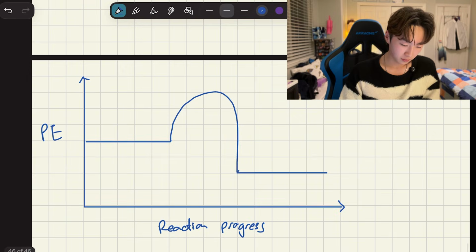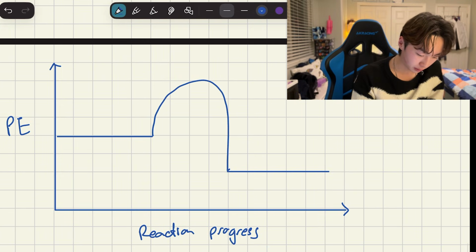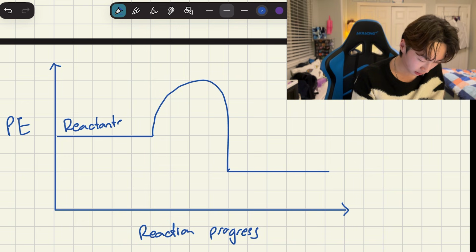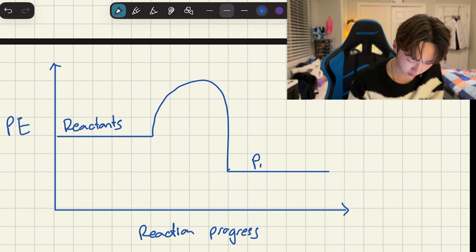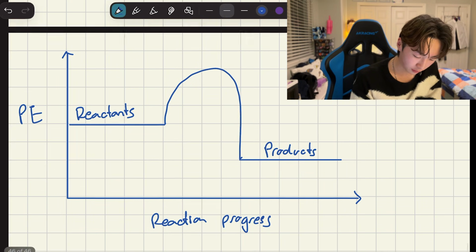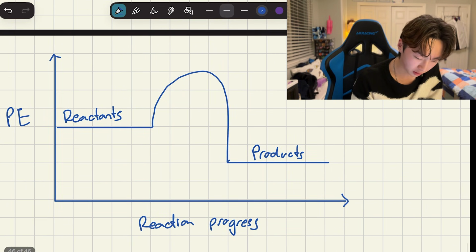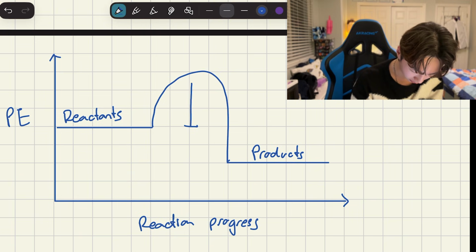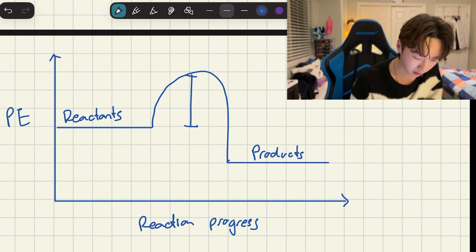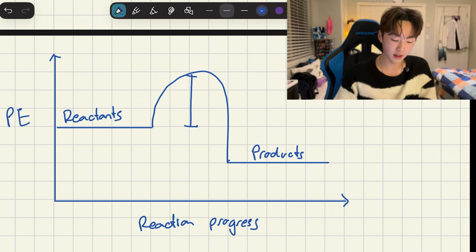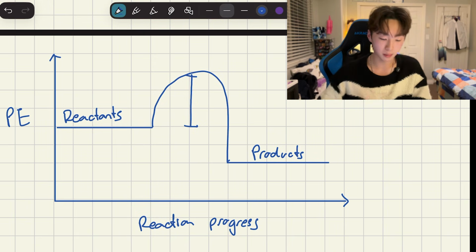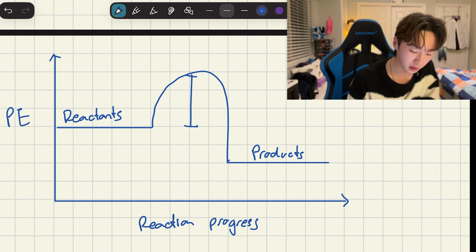On the left here, we have our reactants, and on the right, we have our products. If you see this bump, this is our activation energy. Our potential energy has to go up, and our reactants need to overcome this barrier in order to become products.